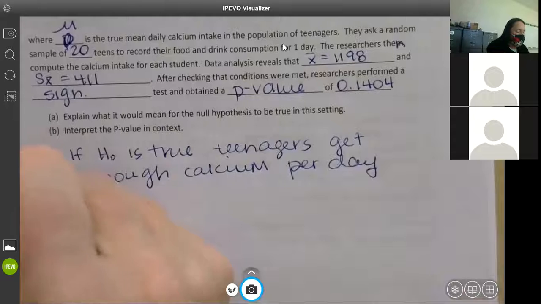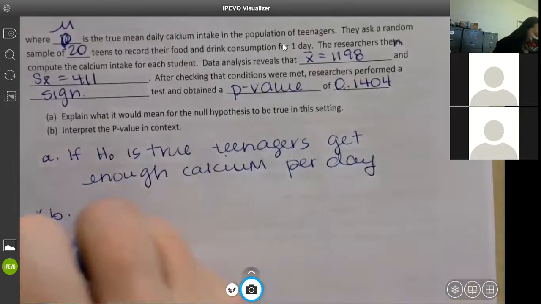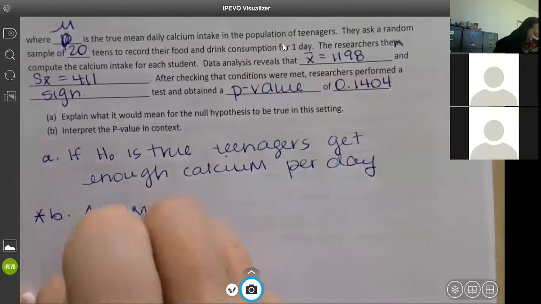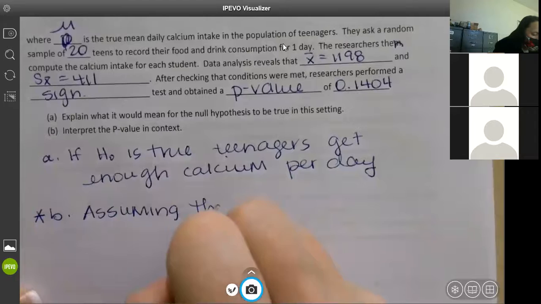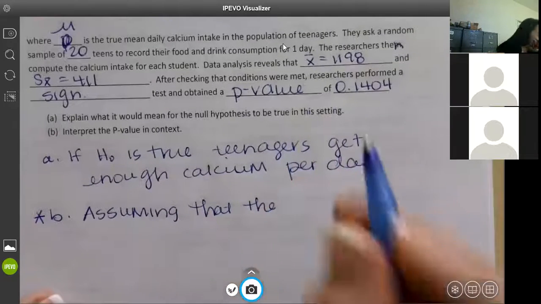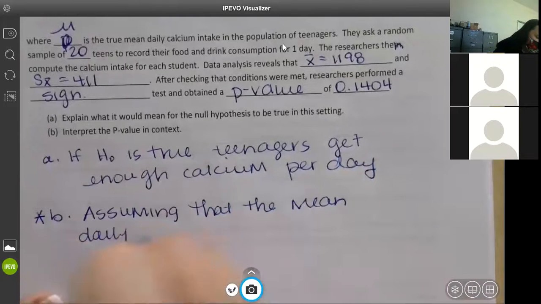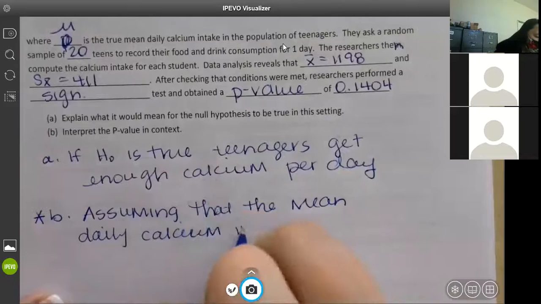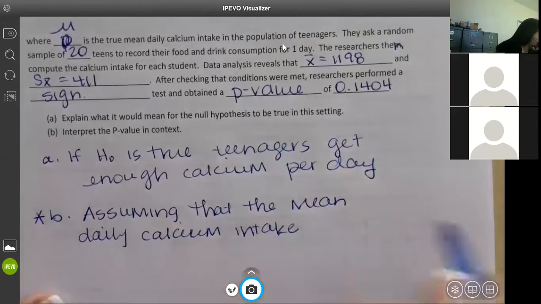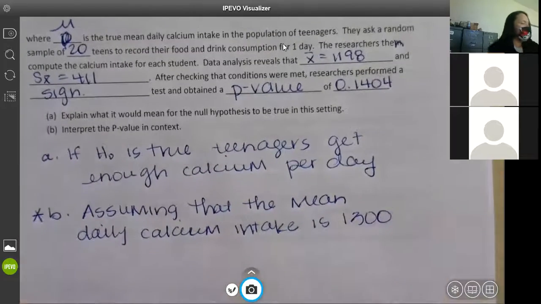Interpret the p-value. So this is the one that you need to do. Okay? Interpret the p-value. Assuming that the mean daily calcium intake is 1,300.